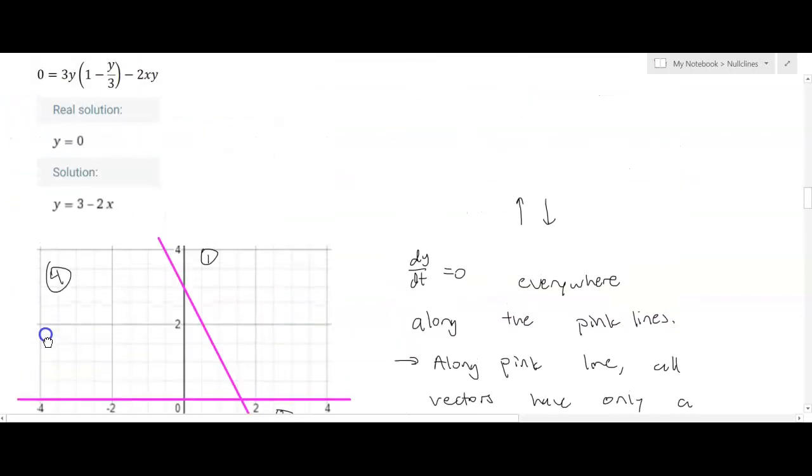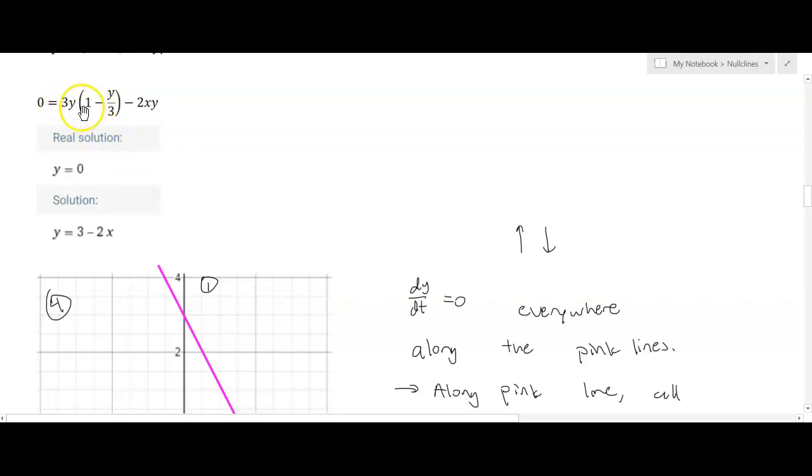If I plug in 2 for x and 2 for y in here, I will get 3 times 2, that's 6. 6 times 1/3 will give me 2.